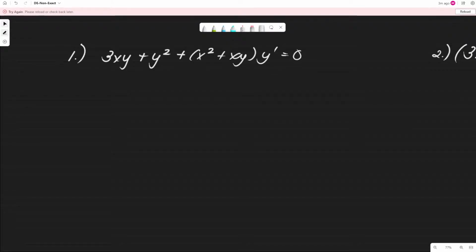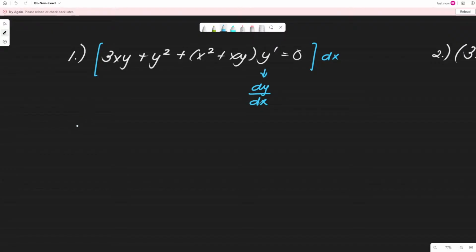We know that y prime is equal to dy over dx, so I will multiply dx to all terms. Remember, y prime is equal to dy over dx, so dx cancels in the second term.